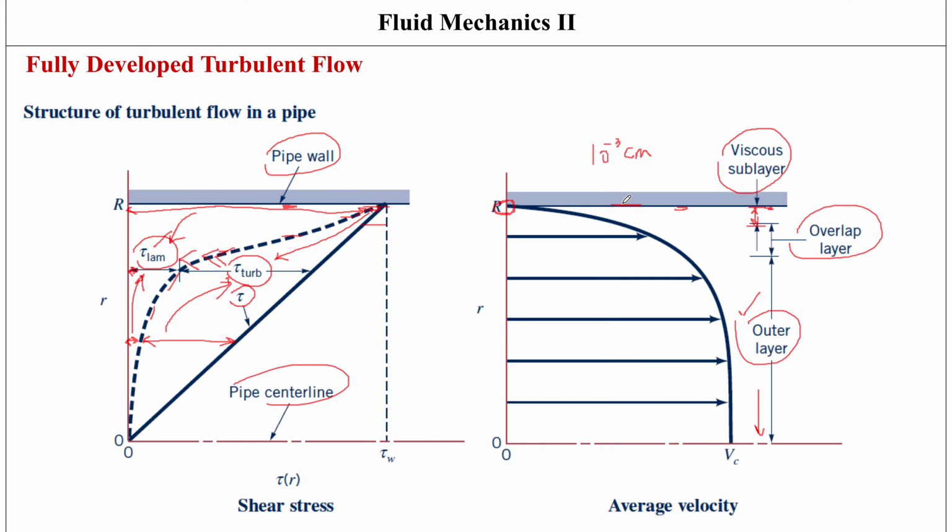But if the geometry had dirt elements, scratches, or any roughness elements in there, that could easily disturb this viscous sublayer and the flow properties within it, and the entire flow would be affected by it. Okay, so this viscous sublayer is important, and this is why a turbulent pipe flow is extremely dependent on the roughness of the pipe wall.